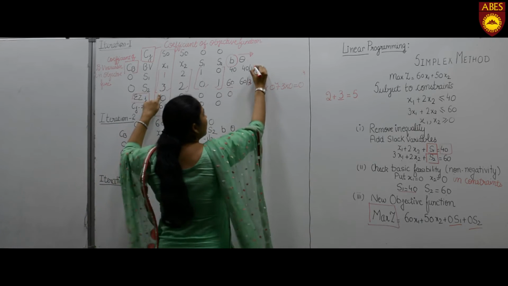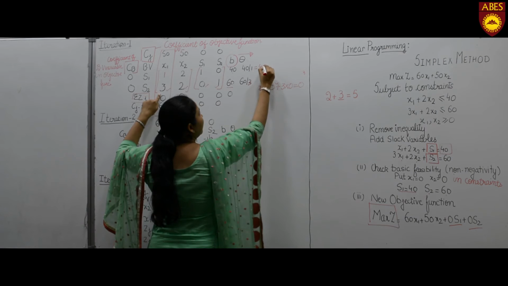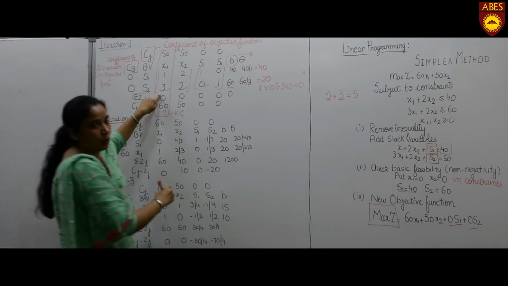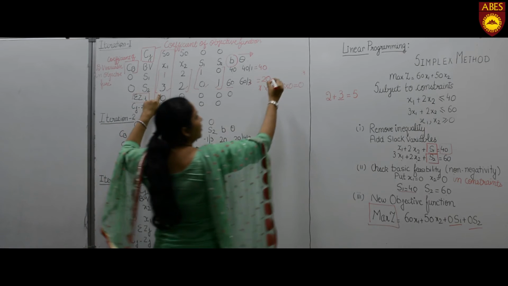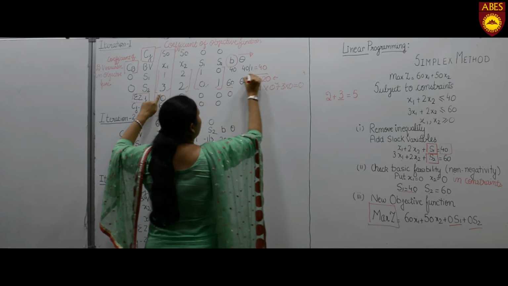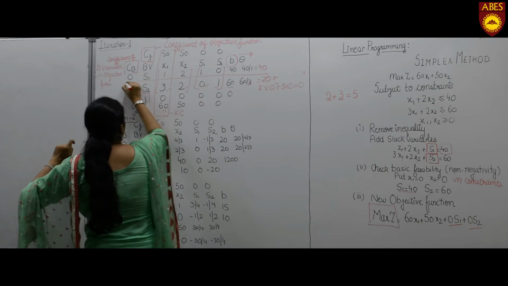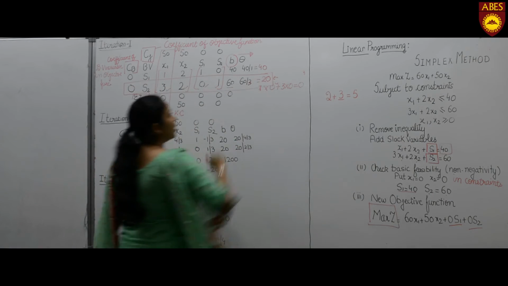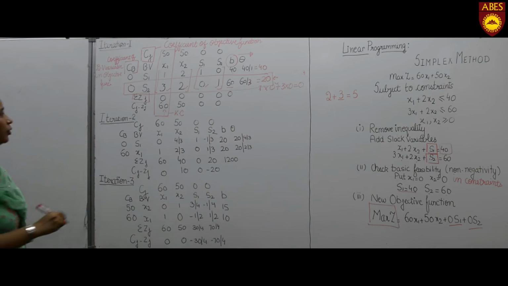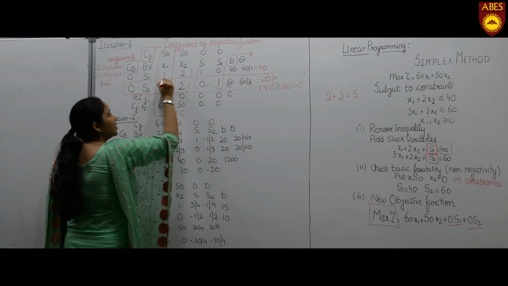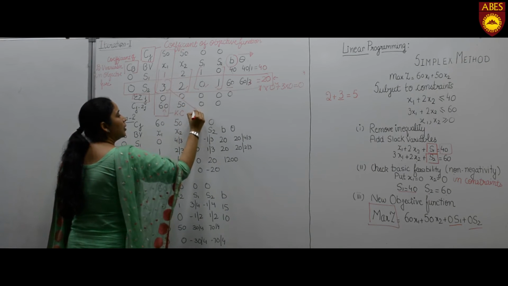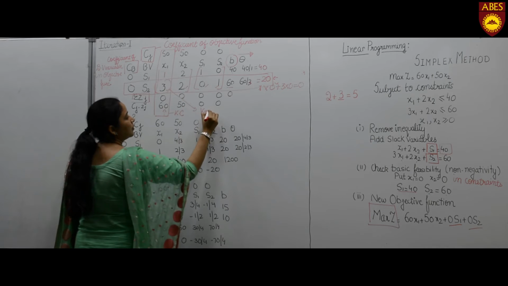The value which comes out minimum will give us the key row. Here 20 is the minimum value. So this 3 is our key number.